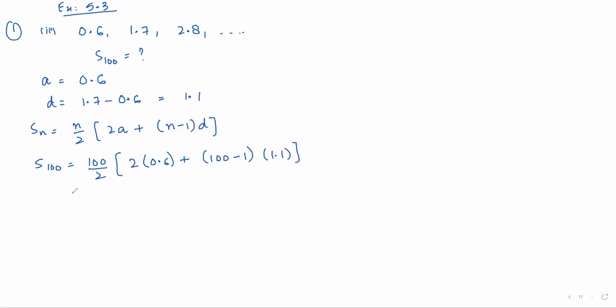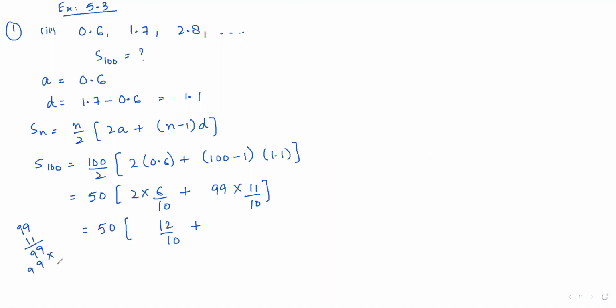That's it. So 100 by 2 is 50. 2 into, so let me remove the decimal. So 6 by 10 plus 99 into 11 by 10, right? So 50 into 12 by 10 plus, how much is 99 into 11? So 1089, right?